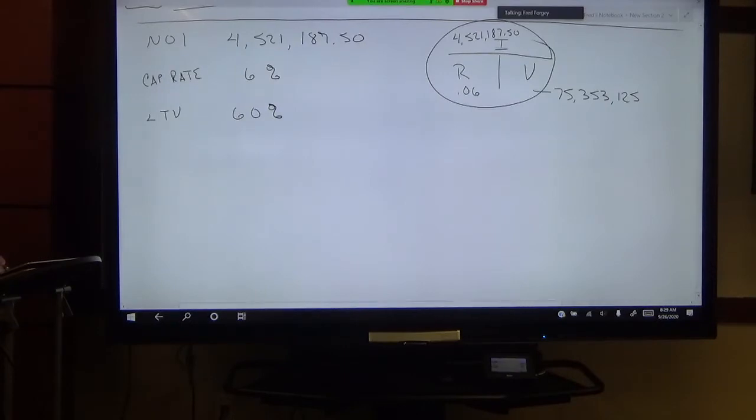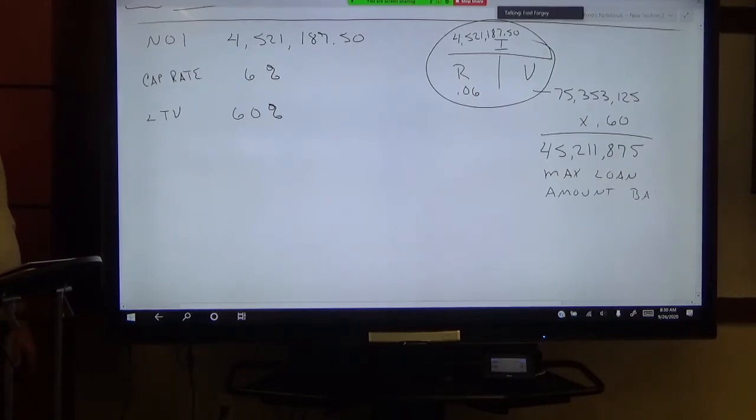So we take that value estimate, multiply by 60%, this would be the maximum loan amount based on loan-to-value ratio.